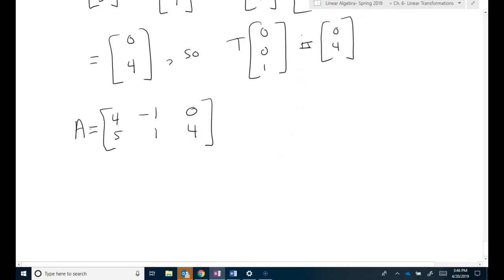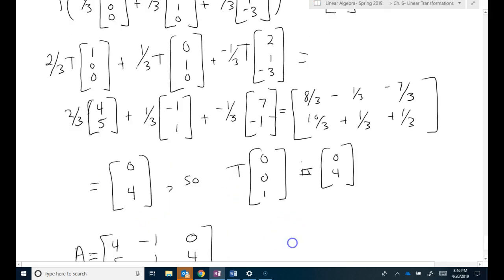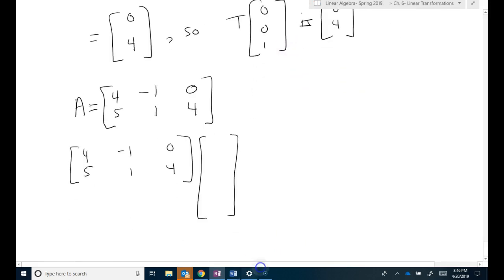All right, so you want to see something cool? Let's take the matrix with rows (4, -1, 0) and (5, 1, 4), and we'll multiply it by (2, 1, -3).